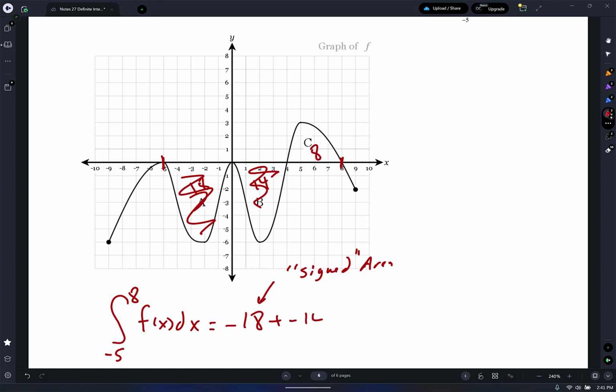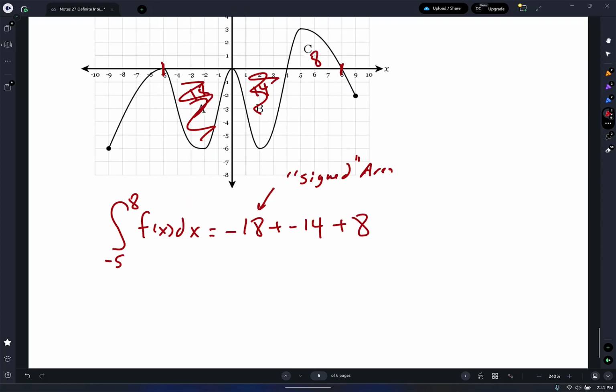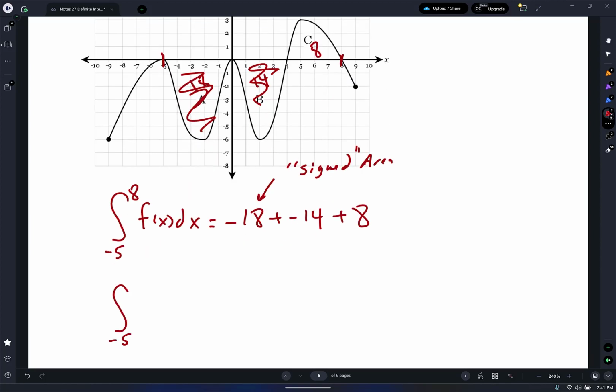Plus negative 14. And then what about region C? It's positive because it's above the x-axis. So this integral from negative 5 to 8 of f of x dx is nothing more than, let's see, negative 18, negative 32, plus 8. What is it? Negative 24.